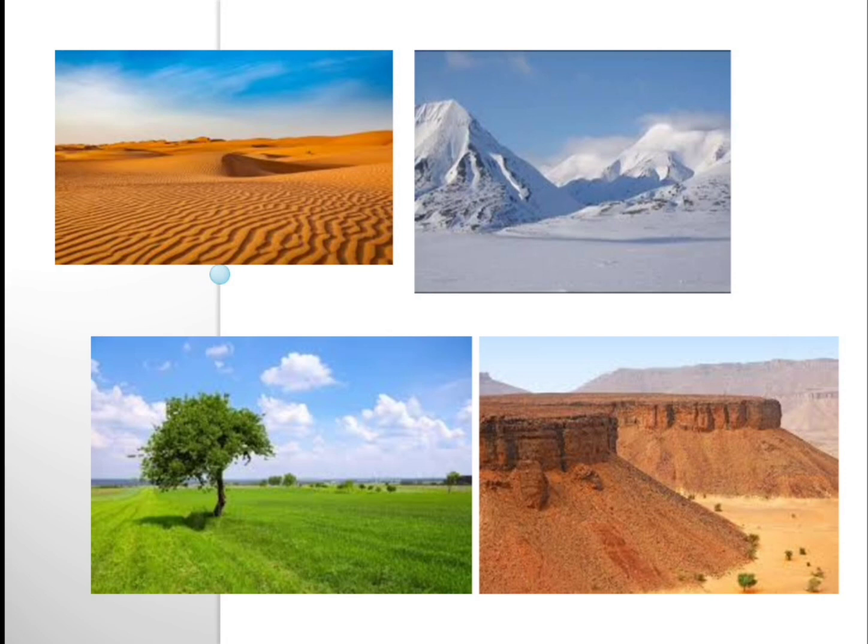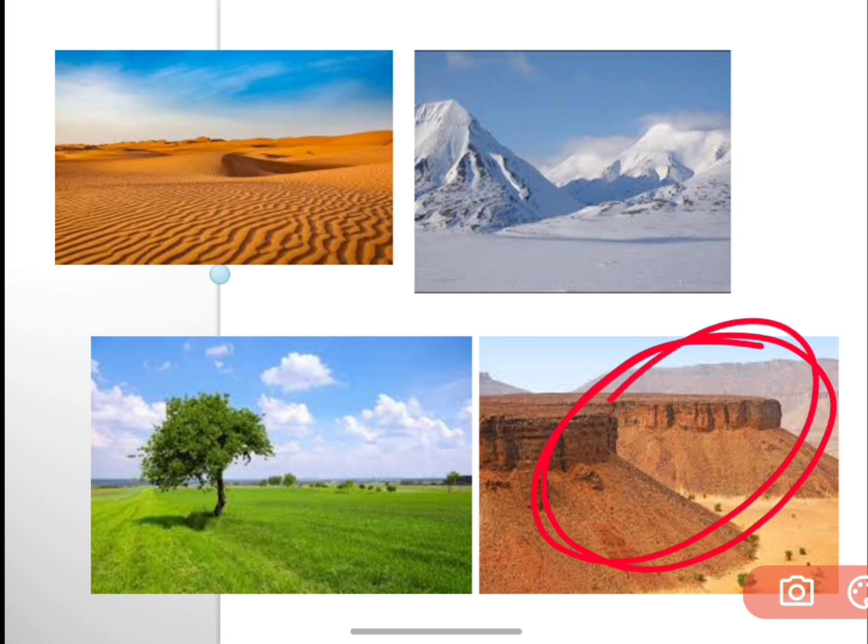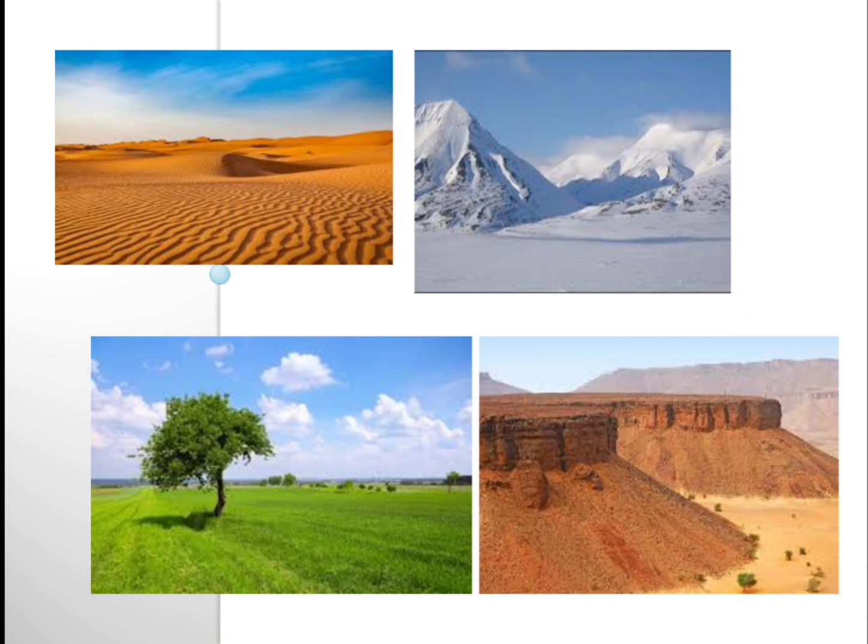Okay, next you have plateaus. So this is your plateau. Can you see in the picture? A plateau is a slightly raised flat land. When compared to plains, these plateaus are a little raised, and they have steep slopes. Can you see in the picture how they are?